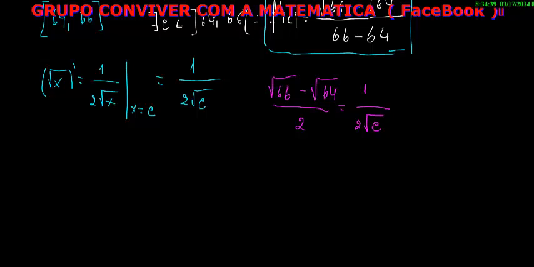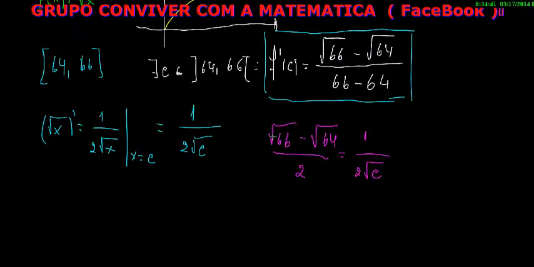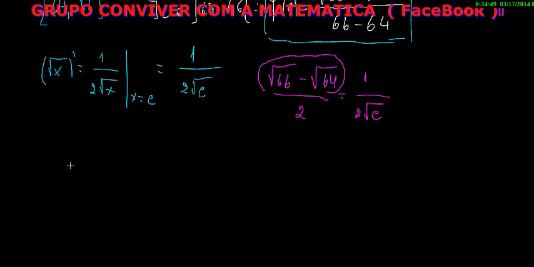And then now I'm going to make this part of the equality explicit. It is not difficult to do this, because as you can see, square root of 66 minus square root of 64 equals 2 over 2 square root of c.